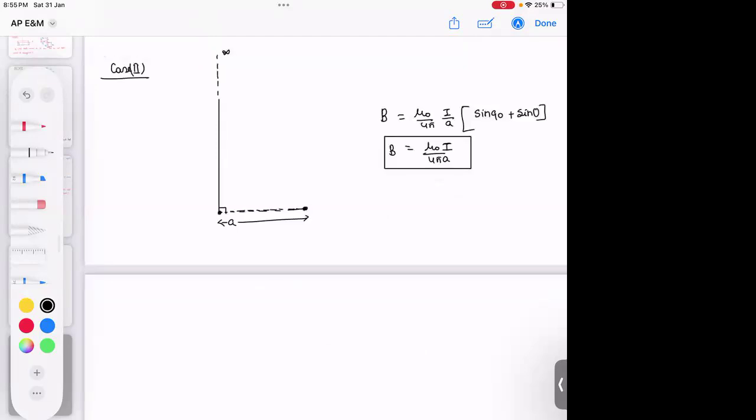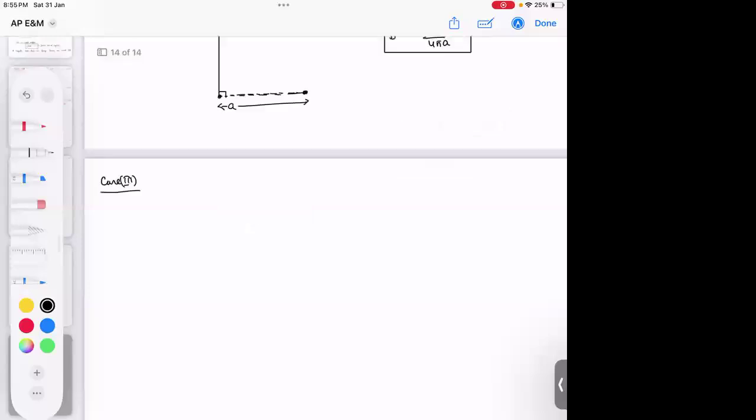Any wire is given to us. Just tell me, if I ask you the magnetic field due to a wire at a point, think about it. I want to calculate the magnetic field due to the wire at this point. Can you tell me what the magnetic field at P will be? Is it going to be 0? And can you tell me the reason why the magnetic field at point P is 0?